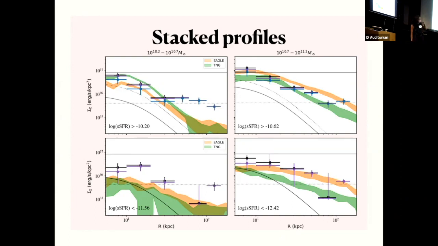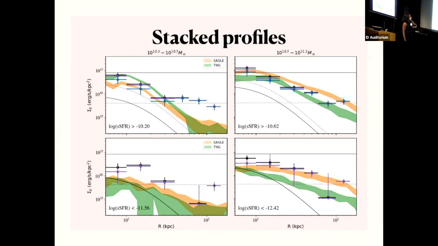So first of all, the simulations don't do a bad job, despite the fact that they weren't designed to reproduce the CGM. There really weren't these observations available when Eagle or TNG were calibrated. So it is promising that to first order, the feedback prescriptions are producing CGMs that look something like what we observed.